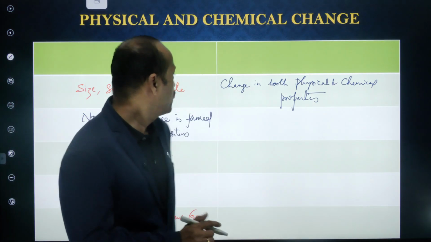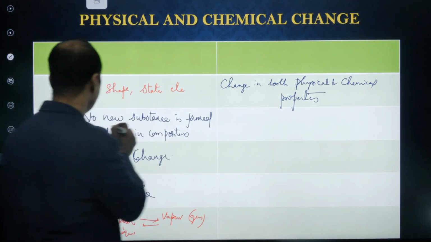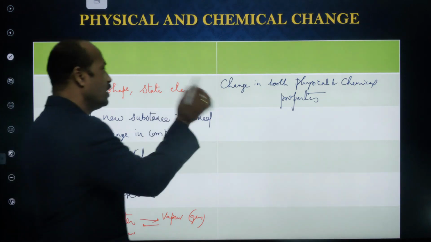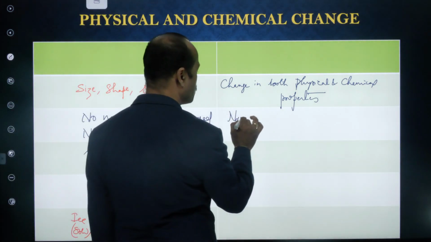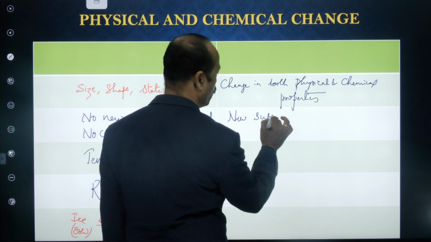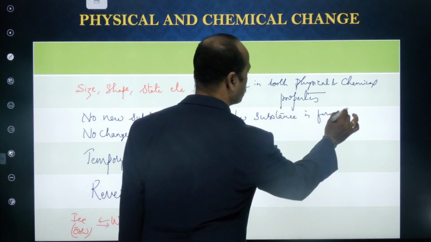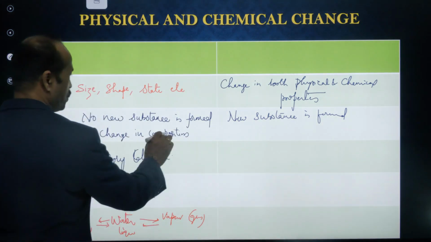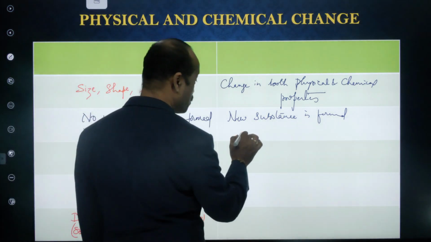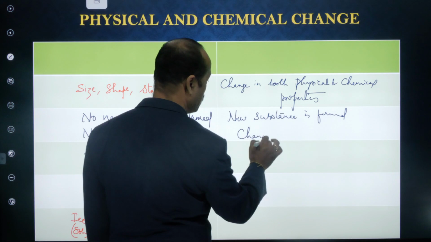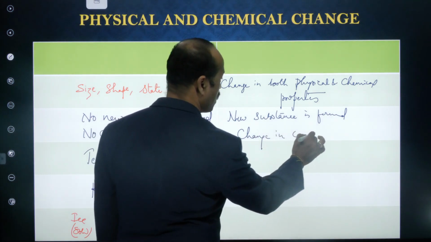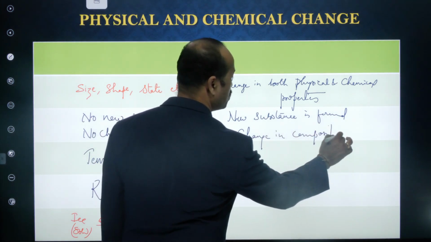So in the physical change, what we said is no new substance is formed, but here a new substance is formed. And there is no change in composition in physical change, but here there is a change in composition. Change in composition means what?